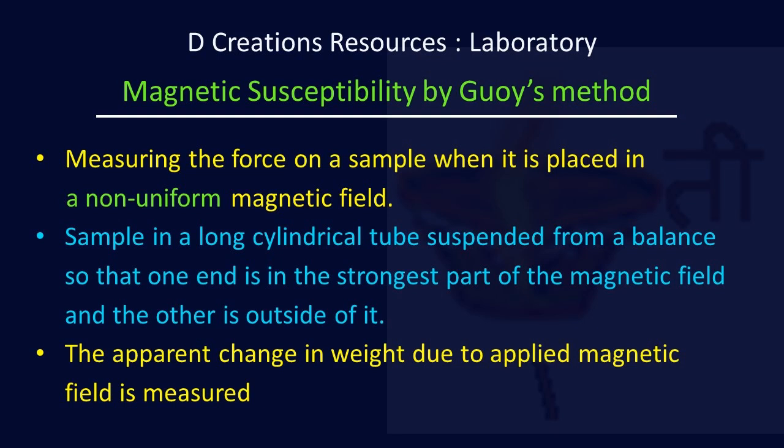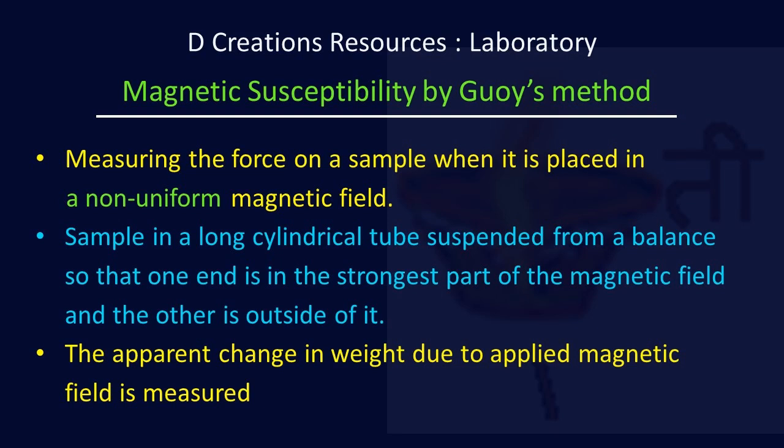For example, you can have a balance whose least count is 10 microgram, that is 10 raised to minus 5 gram. And then of course you need a sample tube, a long thin cylindrical tube which is made up of non-magnetic material or basically diamagnetic material like glass, and it is suspended vertically from the balance.